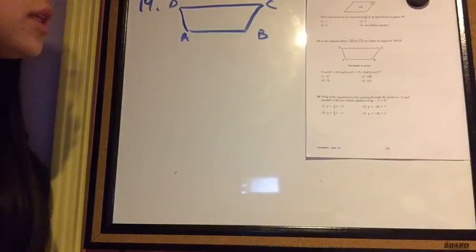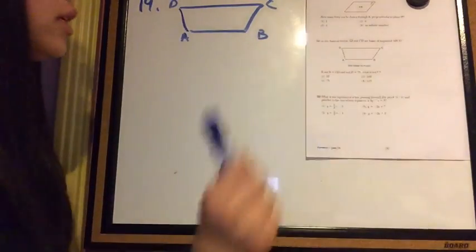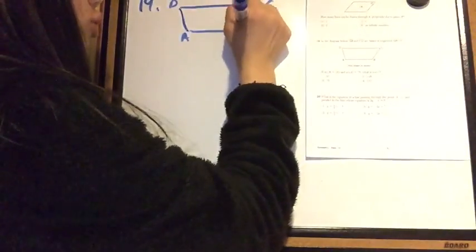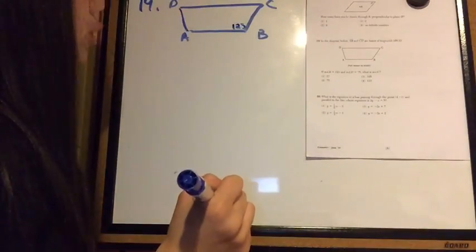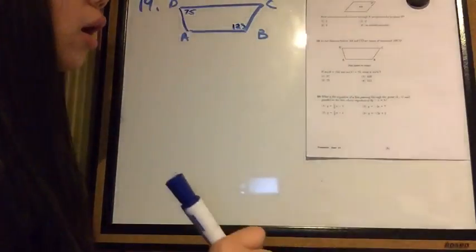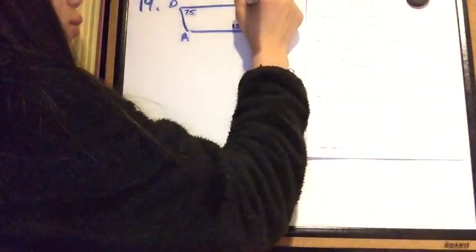In question number 19, it's asking for what measure C is, and it tells us that the measure of angle B is 123 degrees. Measure of angle D is 75 degrees. And it's asking for measure C, which is this one.